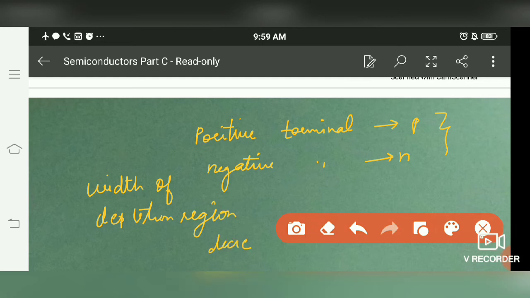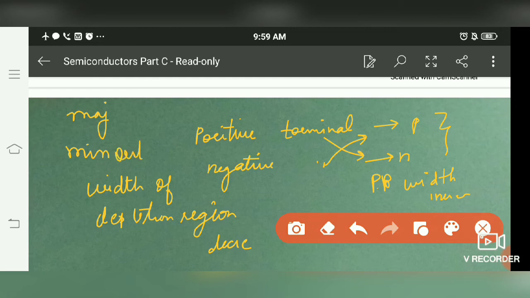For reverse biasing, we have the opposite: positive is connected with N, negative is connected with P, and the potential barrier width increases. In forward biasing, current is mainly due to the majority charge carriers, and in reverse biasing, current is mainly due to the minority charge carriers.